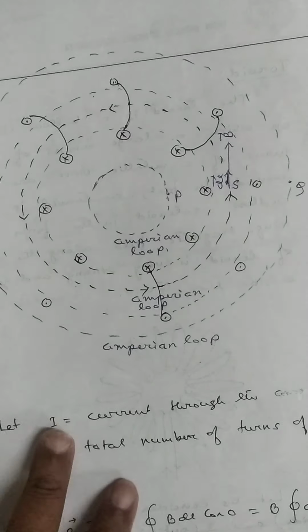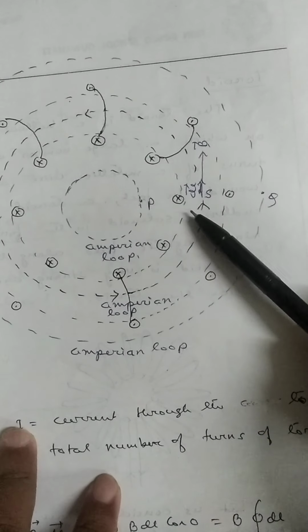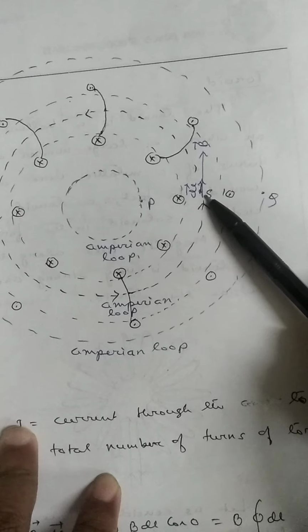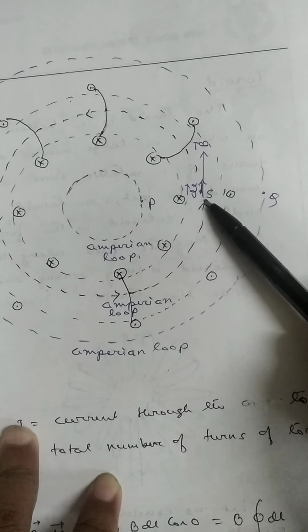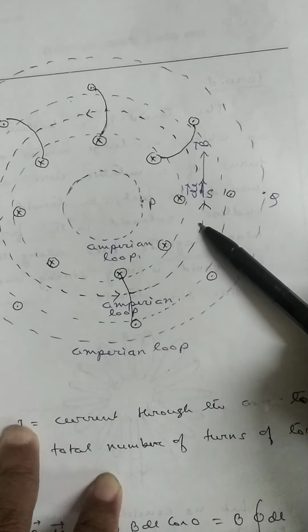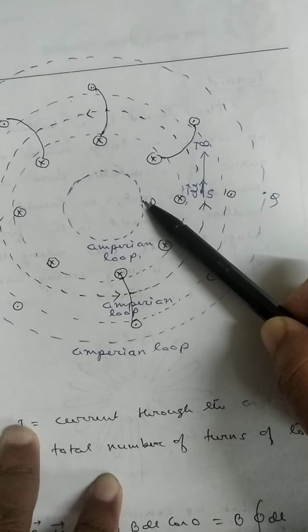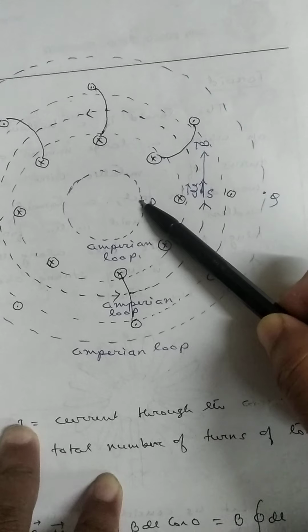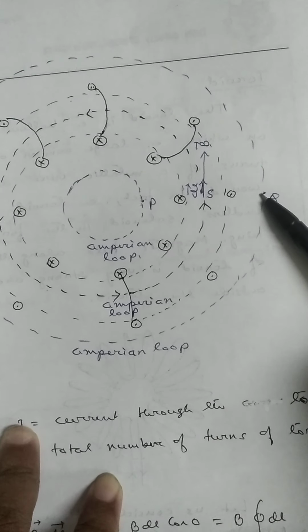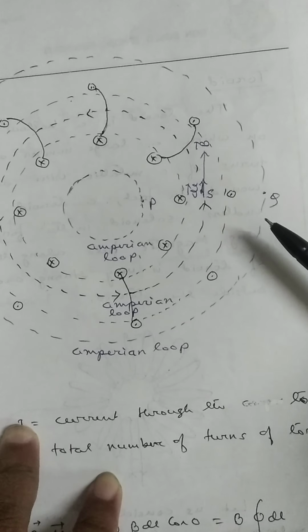That means if we calculate the closed integration of B dot dl around this Amperian loop, it is B into twice pi r.